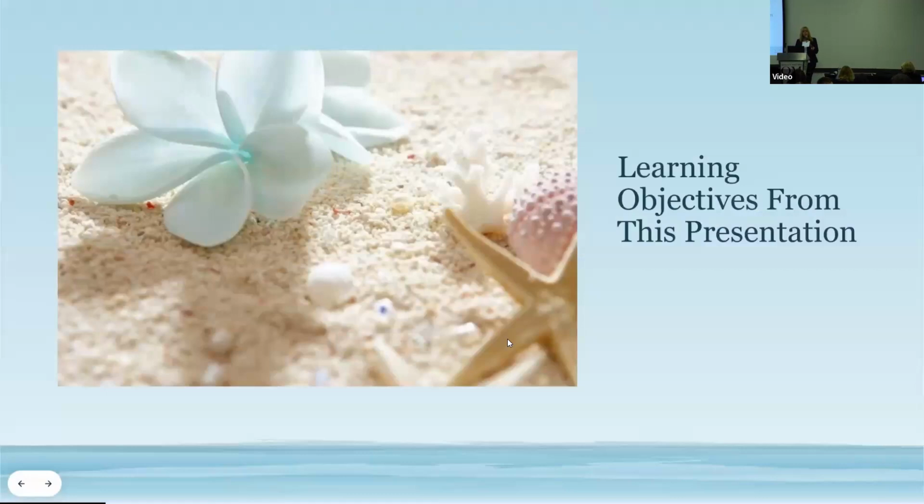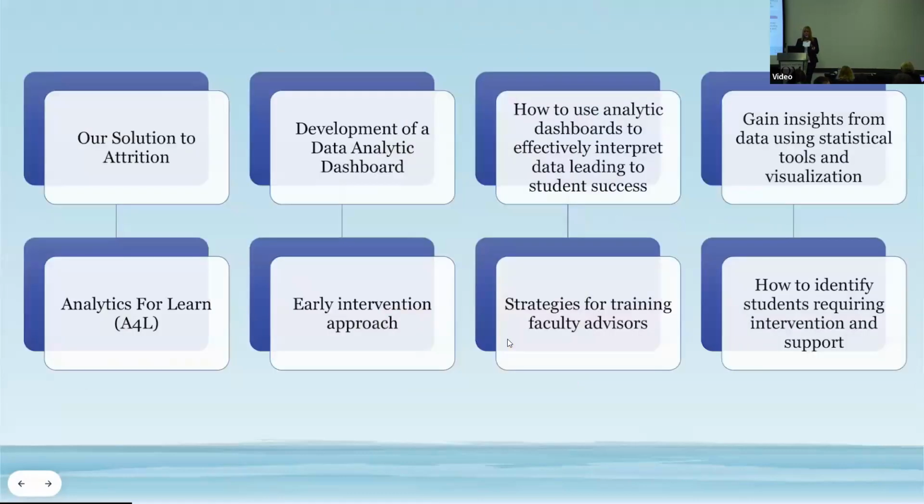So I'm going to talk a little bit about some of the learning objectives. We're going to talk about what our solution to attrition was. The product we used was Analytics for Learn, and there's many out there. How we developed a data analytic dashboard, our early intervention approach, and how to use the analytic dashboard to effectively interpret data leading to student success, because you can have all the data you want in dashboards, but unless you know how to use it, it doesn't mean anything.